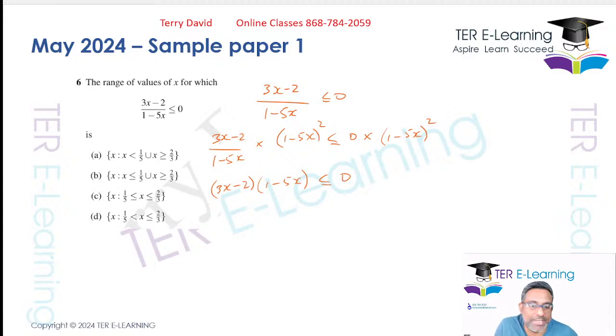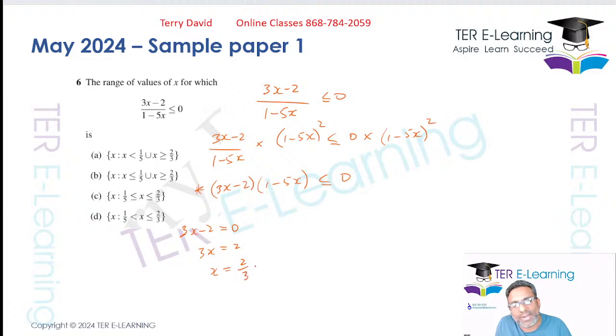All right, I've seen plenty of answers here. So here's how you're going to approach a question like this. When you multiply the left hand side, you're going to get a quadratic inequality. What you should do first is figure out what the roots are. So you put 3x minus 2 equal to 0. 3x is equal to 2, and therefore x is equal to 2/3.